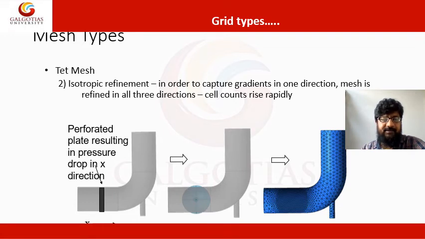For example, there is a perforated plate, so we can easily refine the mesh only in this region, because the pressure drop is very high in the x direction in this problem, so to resolve it faithfully, we have to refine the grid in that region.